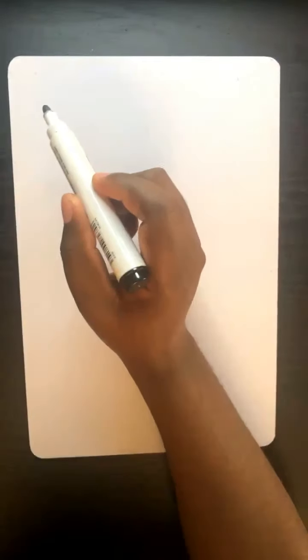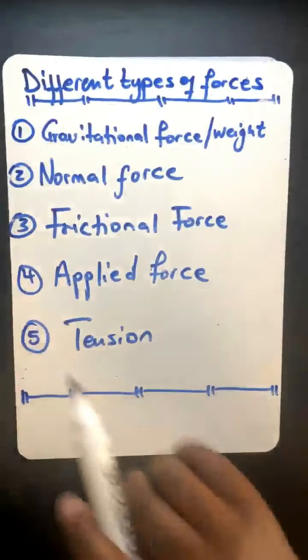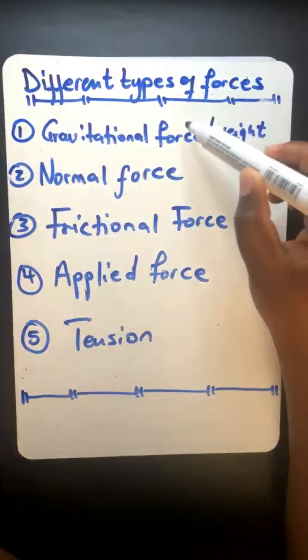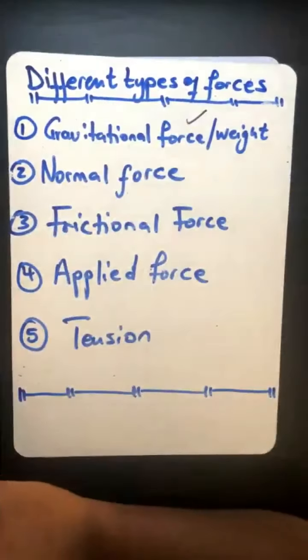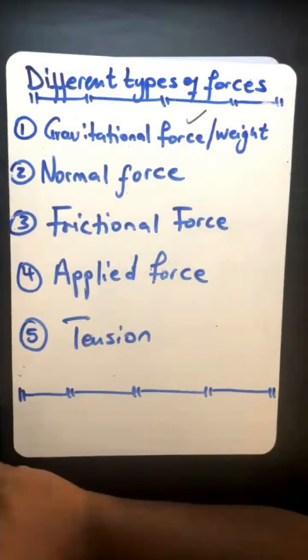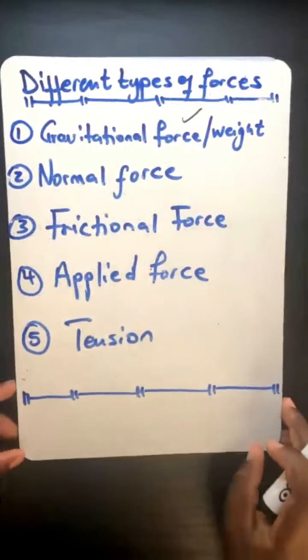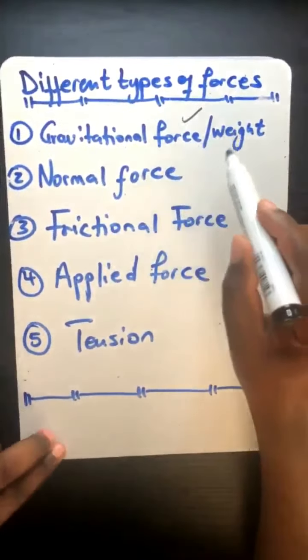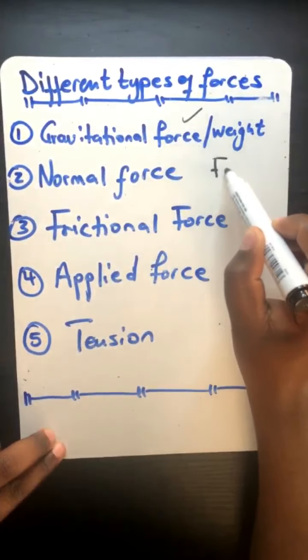So remember, guys, previously we were discussing different types of forces. The first type of force that we looked at was gravitational force or weight, which is represented as Fg.